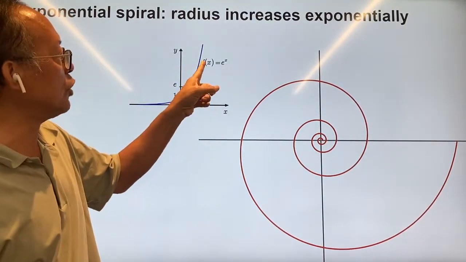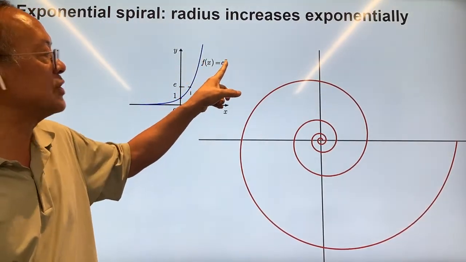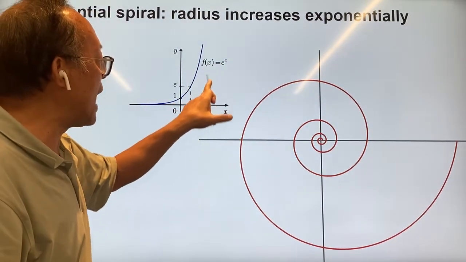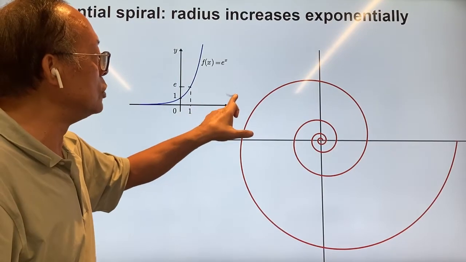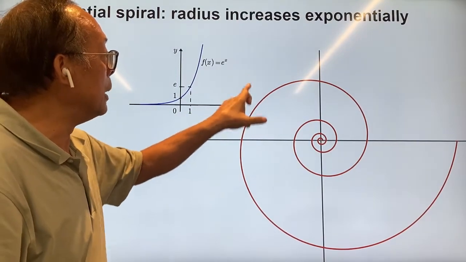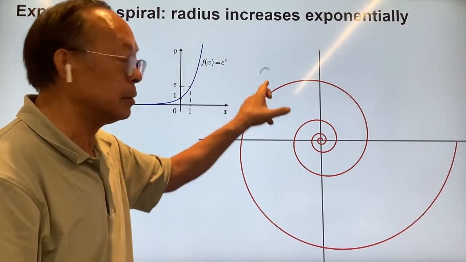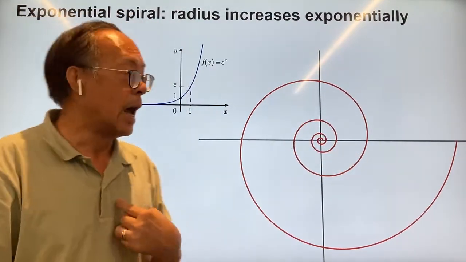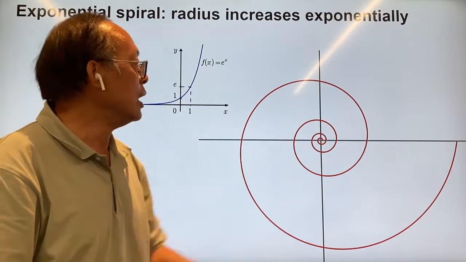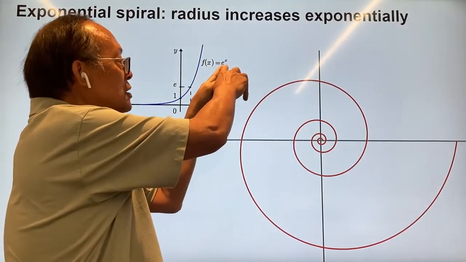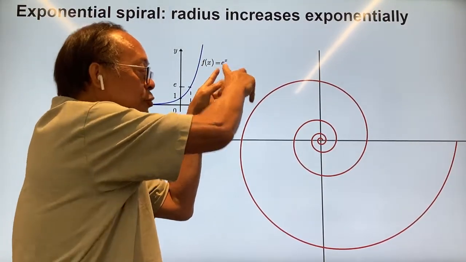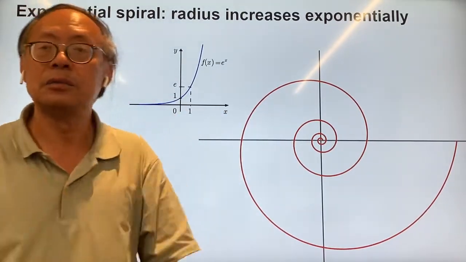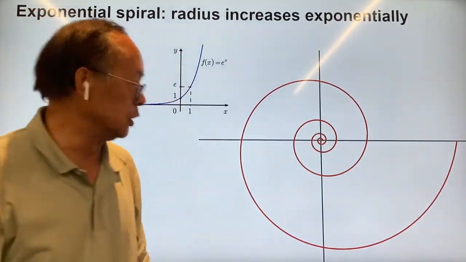You have an exponential function, f equal to e to the x, and in polar coordinates, the radius r is equal to a times e to the b theta, where theta is the angle term. So the radius increases as a constant a times an exponentially increasing function of rate b theta.